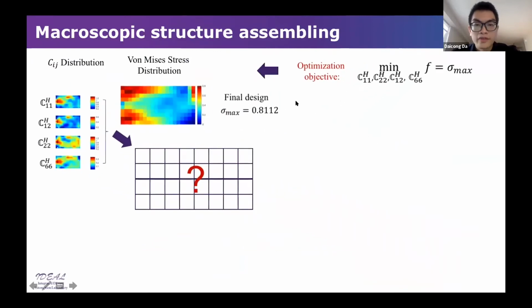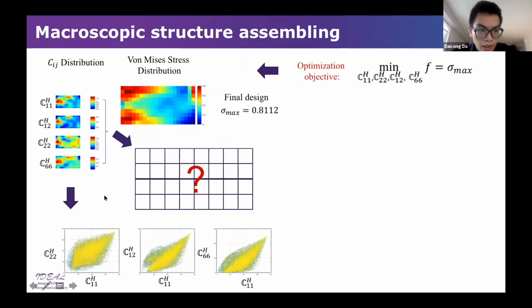Right now, we have the optimization problem, and we get the optimized stiffness tensor distribution, and we also have the constructed database. So we want to find the best unit cell in each finite element location. But one thing in material design is that different geometries can possess the same stiffness tensor values.